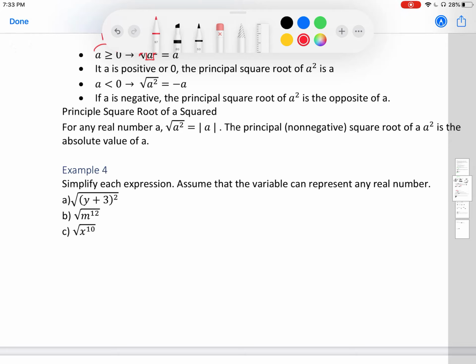If I take a number and square it, we always get the positive option. So that's why we include the absolute value: the square root of a squared is the absolute value of a.